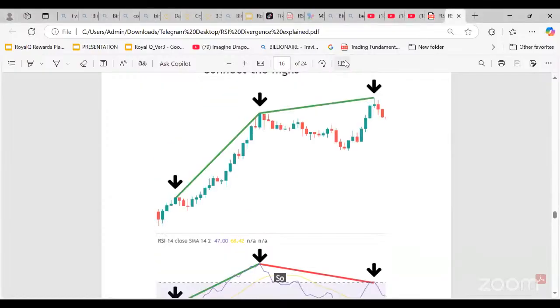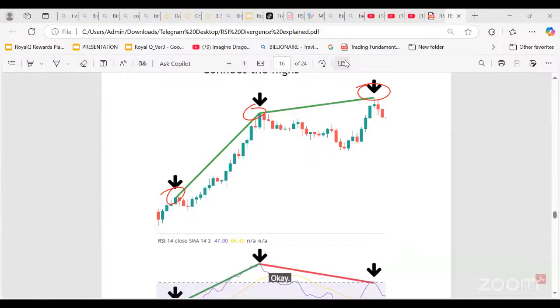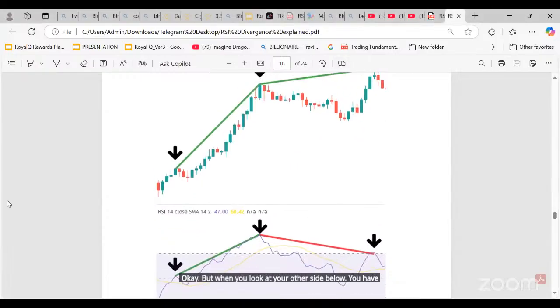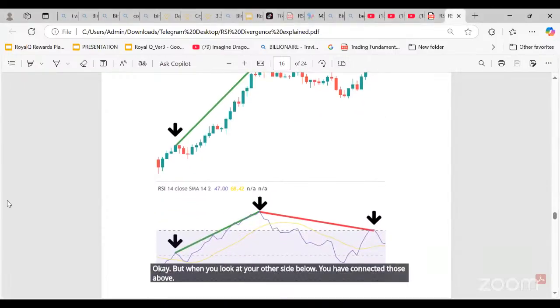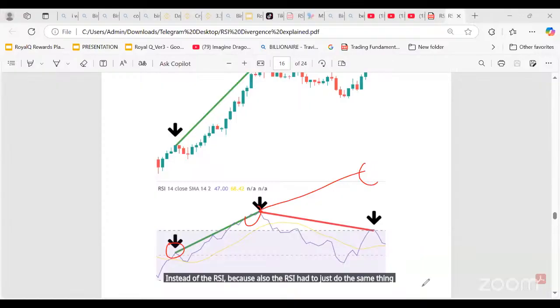You go to the chart, the market is moving up, and you connect these high points together. But when you look at your RSI below, you connect the RSI highs too, and for it, you are connecting this to this. Now, this is diverting from what is happening in the market.